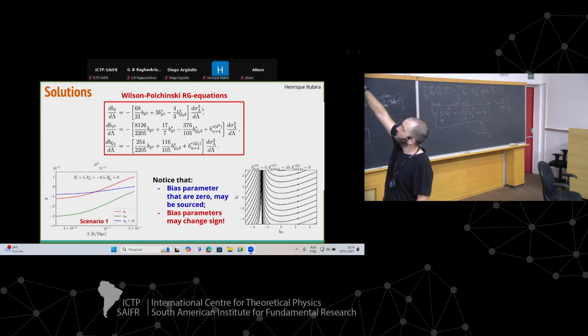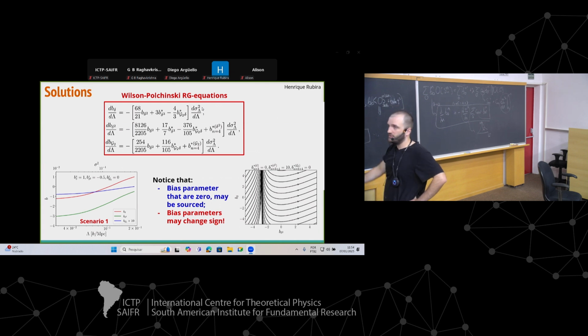The equations for delta cube involve also delta cubic here. So you see that the running of delta, which is a linear operator, a first order operator, has operators on the right-hand side which are second order and third order, as those two here. The running of operators that are second order has operators that are second order, and operators that are third order, but they also have operators that are fourth order.